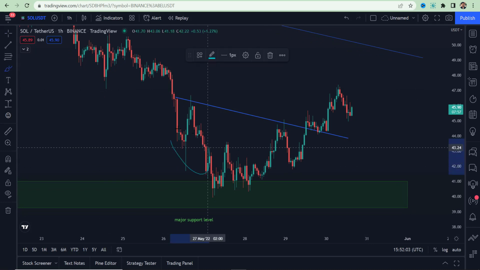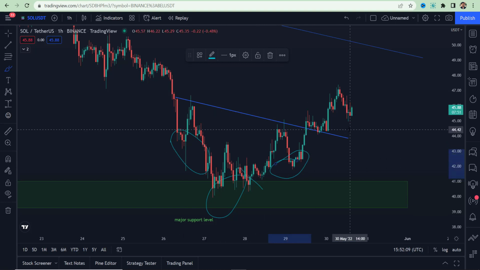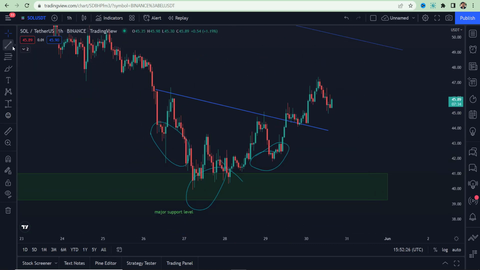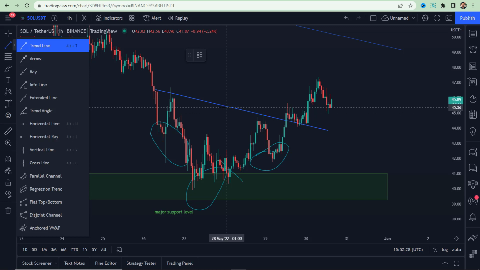There was a shoulder, there was a head, there was another shoulder. So that was an inverse head and shoulders pattern that usually breaks toward the upside. And I gave you the targets for Solana, from this place to, sorry, let me just do Control Z. I gave you targets using this method.